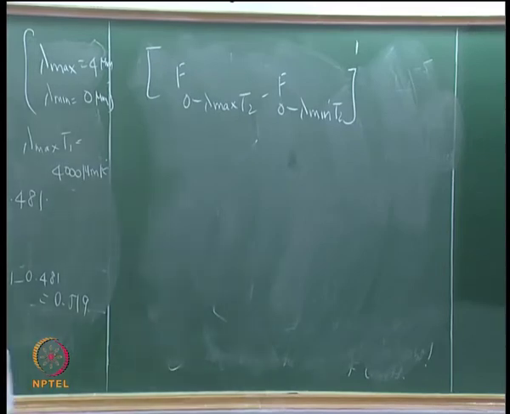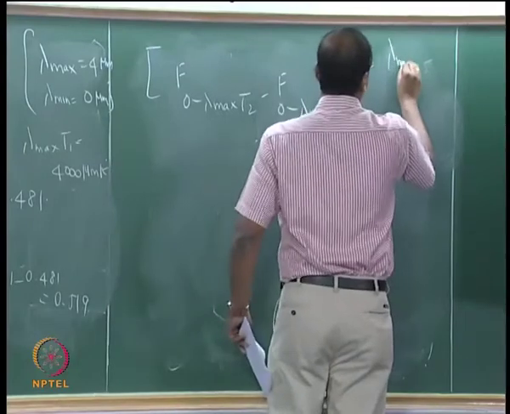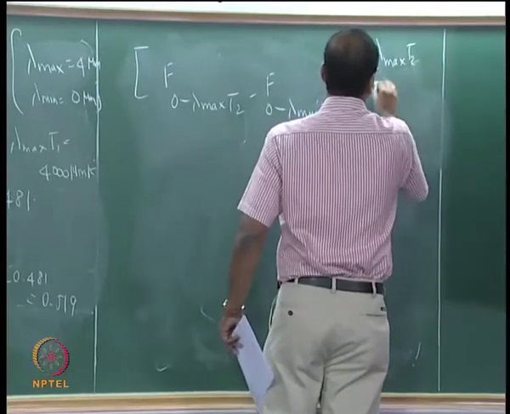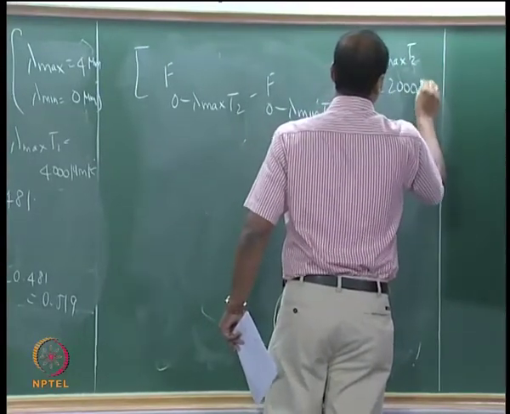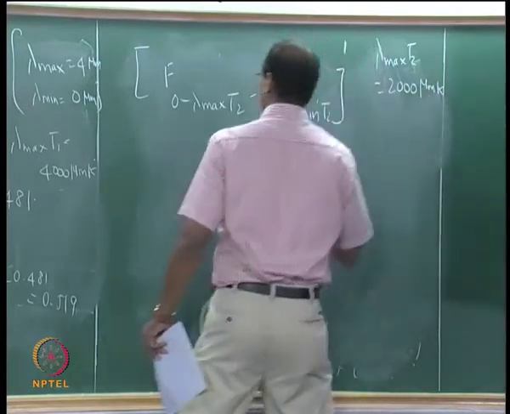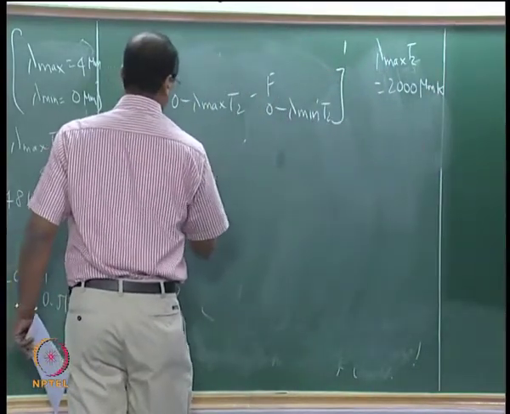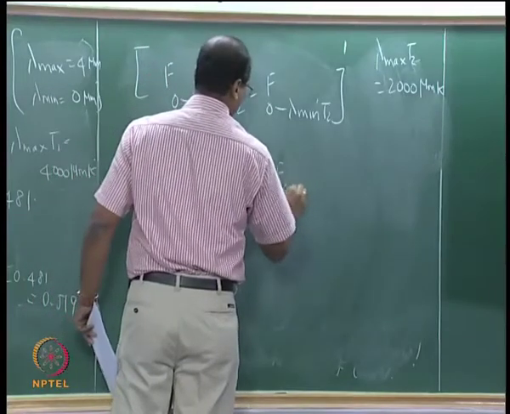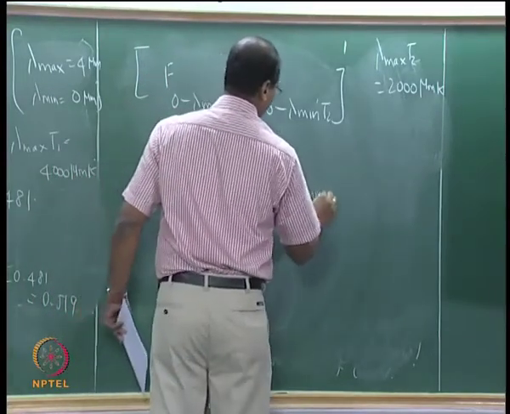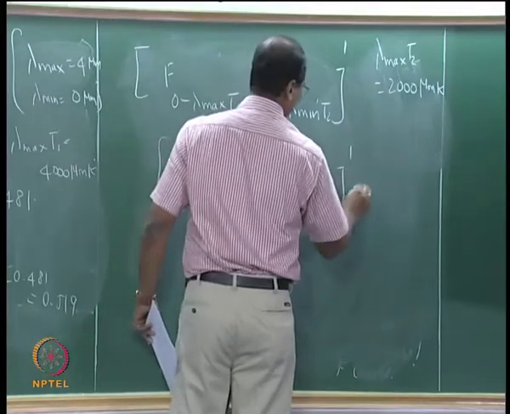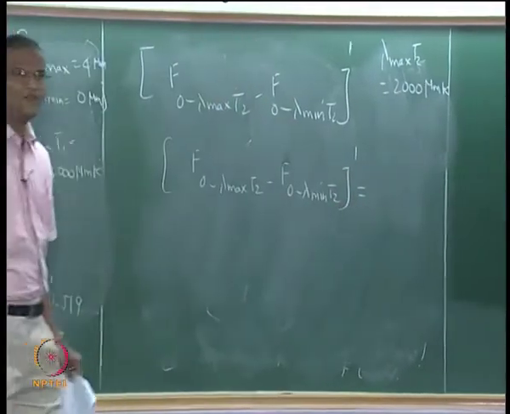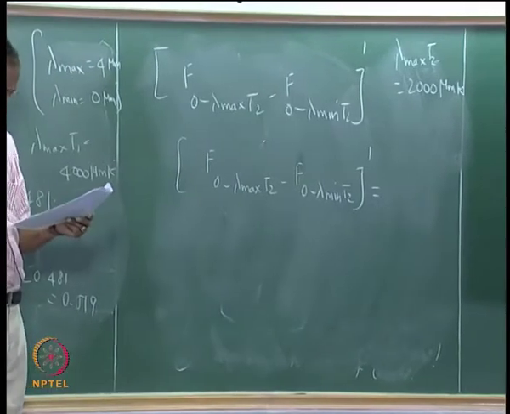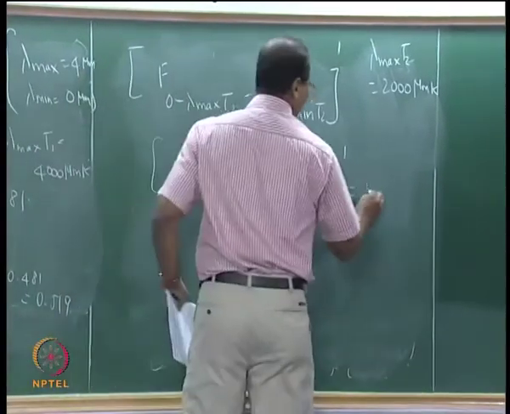Lambda max T2 equal to 2000 micrometer Kelvin. Therefore, that is f of 0 to 2000, how much is it? 0.061, very good.